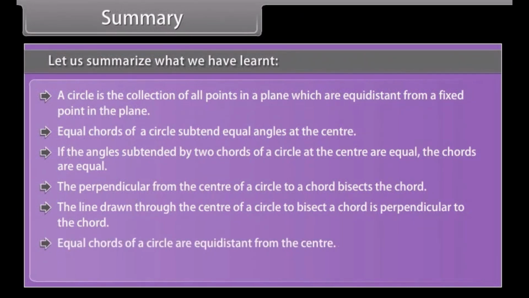Equal chords of a circle are equidistant from the center. Chords equidistant from the center of a circle are equal.